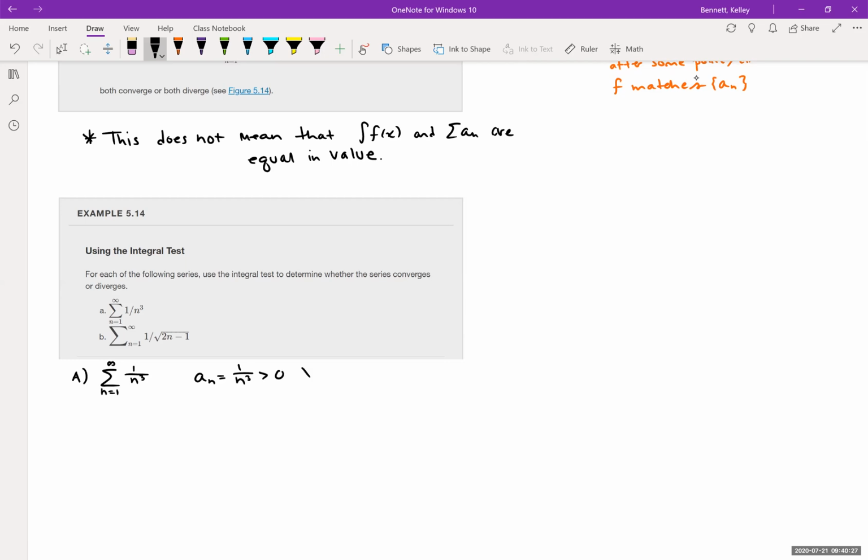And this is positive for all n greater than or equal to 1. So check.